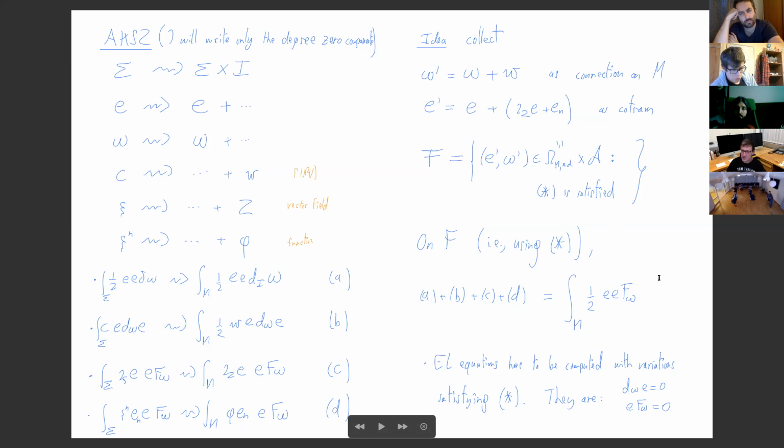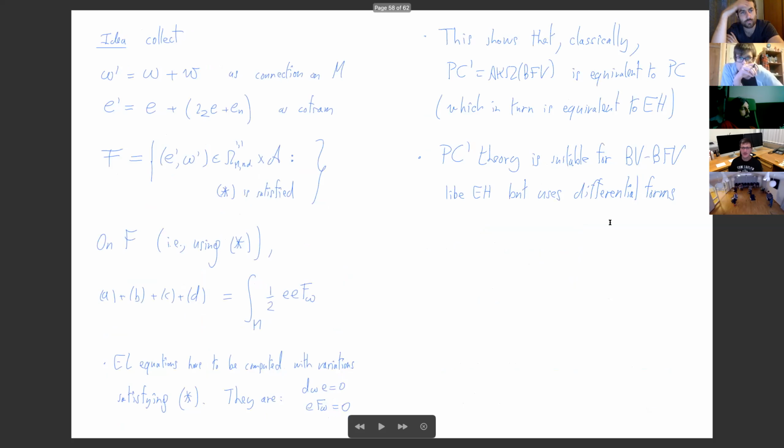So the Euler-Lagrange equation for this new theory on this restricted space of fields is the same as, so the solution is the same as the solution to the Euler-Lagrange equation of Palatini-Cartan on a larger space of fields. The difference is that this condition star here is a condition that defines the space of fields, whereas in Palatini-Cartan it is part of the Euler-Lagrange equation. Okay, and I think this is it.